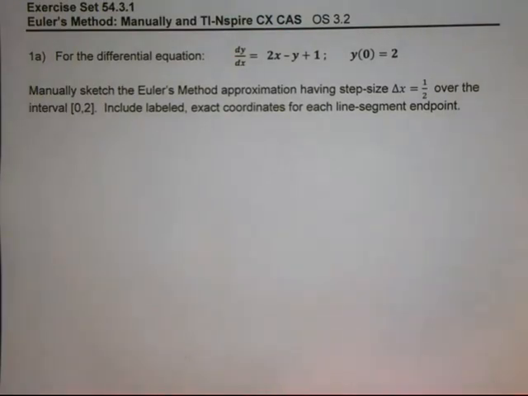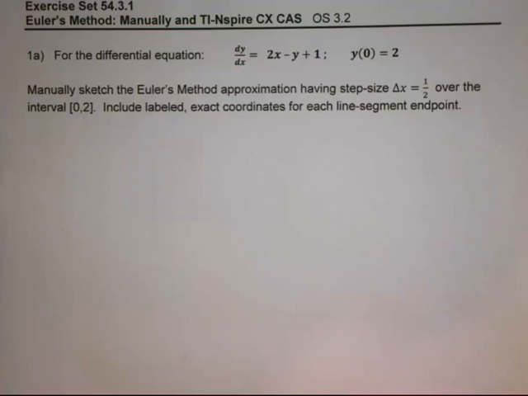Alright, 1a. For the differential equation dy dx equals 2x minus y plus 1 with y of 0 equaling 2, manually sketch the Euler's method approximation having step size delta x equals 1/2 over the interval [0, 2]. Include labeled exact coordinates for each line segment endpoint.